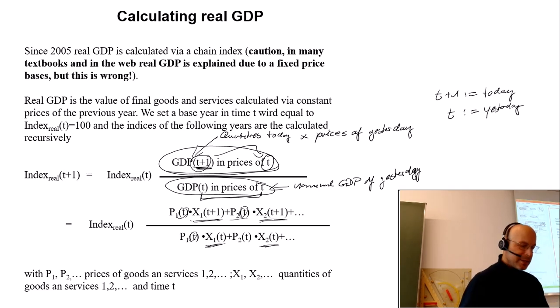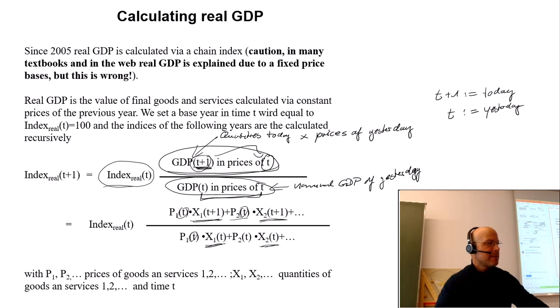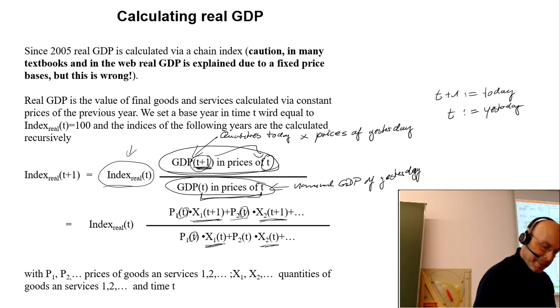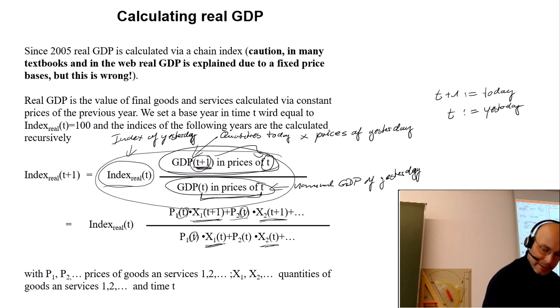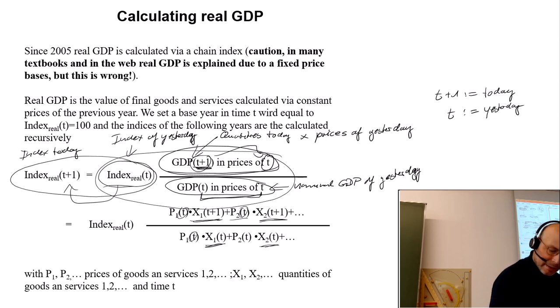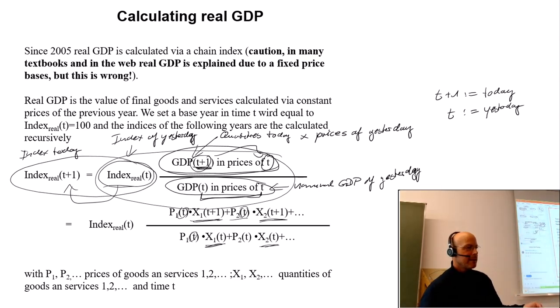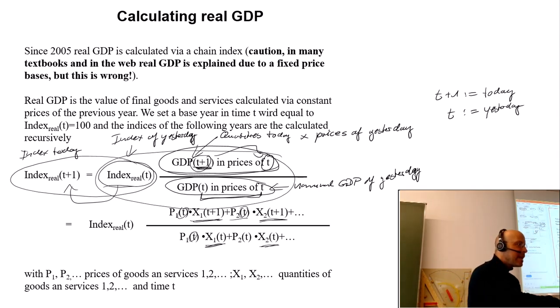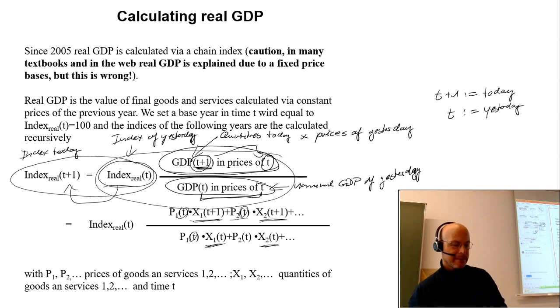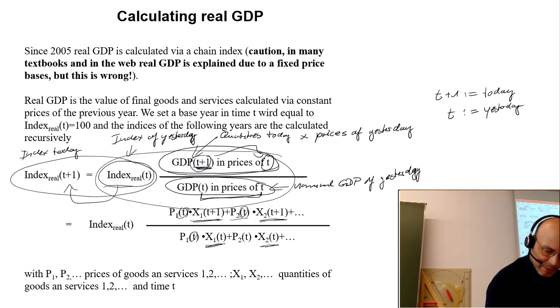And then we multiply this by the index of yesterday. And this number becomes then the index of today, and this is the chain, because the index of today depends on the index of yesterday. Here you have this chain process.